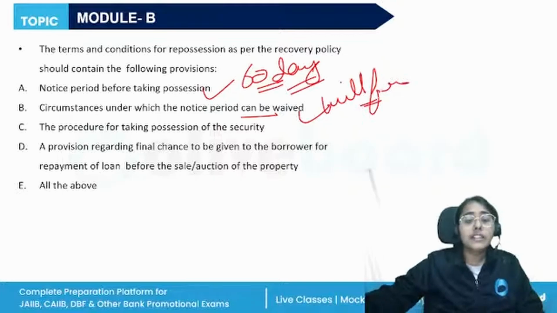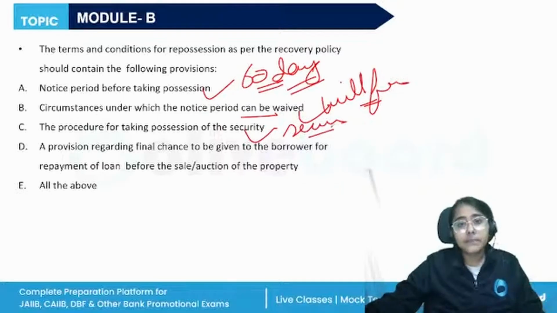The procedure for taking possession of the security: a secured creditor can appoint any authorized officer. They can take the possession or they can assign a manager. A provision regarding the final chance to be given to the borrower will also be made.